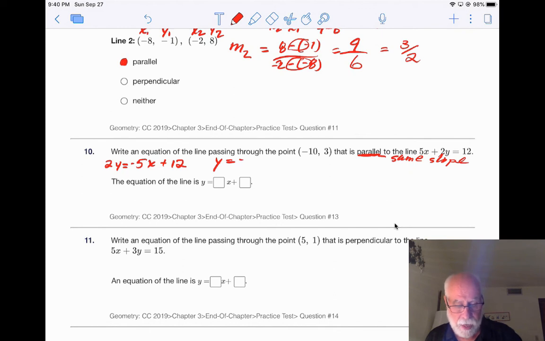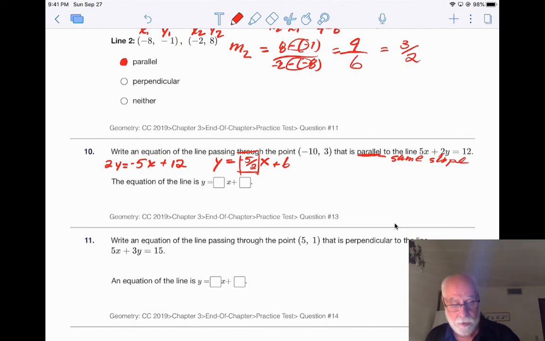So negative 5 divided by 2, all right? Don't simplify the fraction, just leave it as it is, unless it's a whole number. So I can leave that as negative 5/2 x, and then 12 divided by 2 would be plus 6. So if they're going to have the same slope, we know that our new equation has to have a slope of negative 5/2.